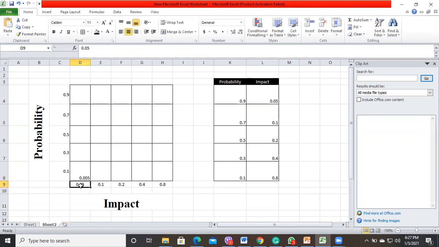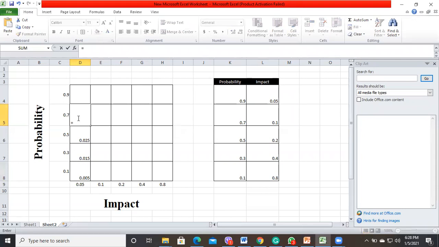Okay, 0.005. Here also the probability value is 0.03, then impact 0.05. You can see here probability 0.05, impact 0.05.